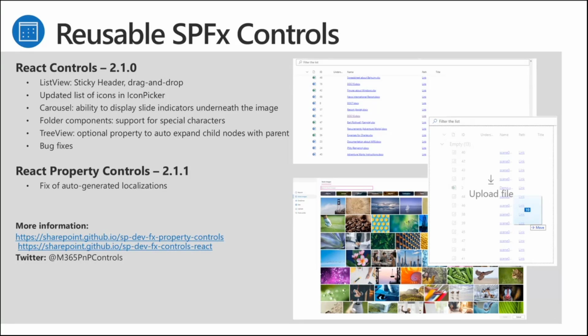So in 2.1.0 we added these localizations, but I messed them up. So we quickly fixed that, and now we have about 20 localizations, I believe, for React property controls. And also follow us on Twitter at M365PnPControls, and more information as usual in our documentation. Thank you. Back to you, Patrick.